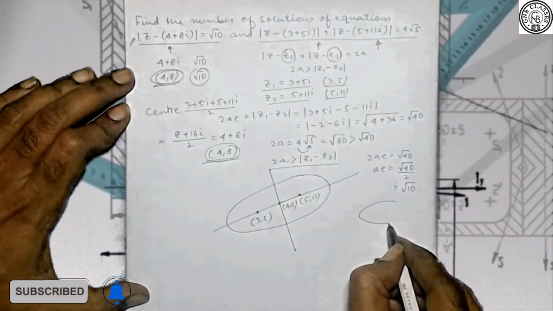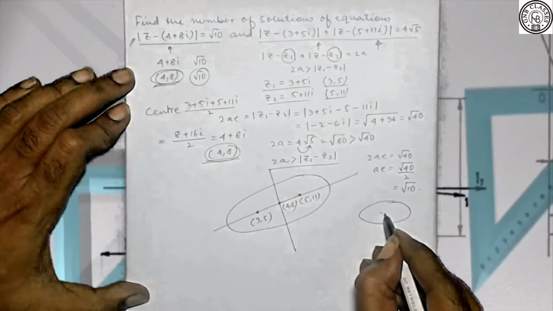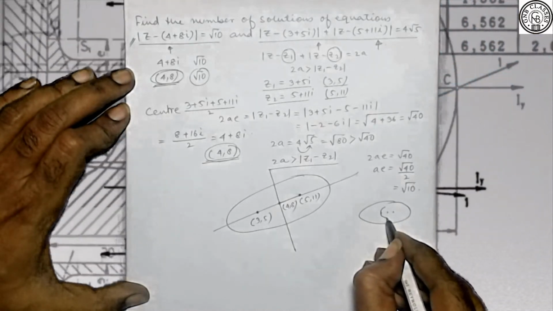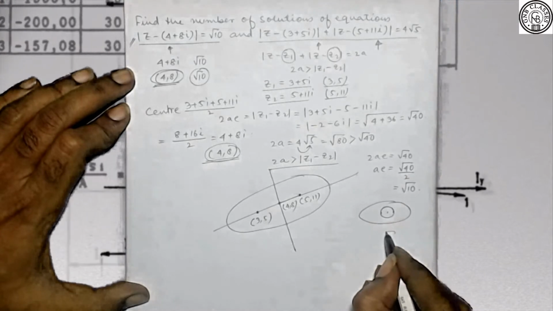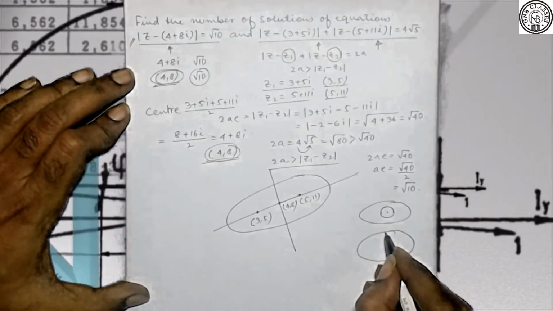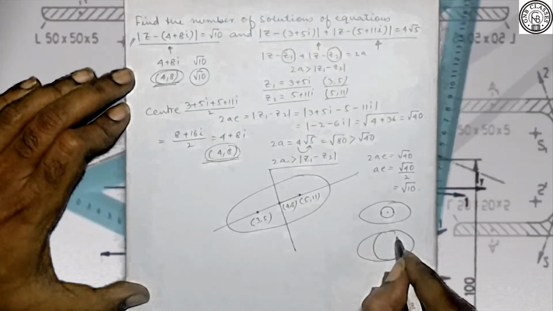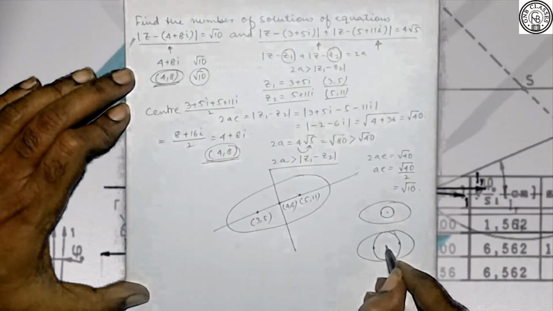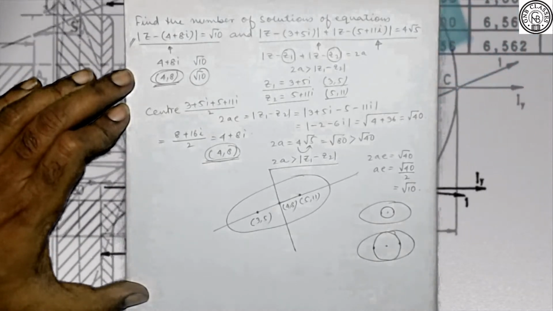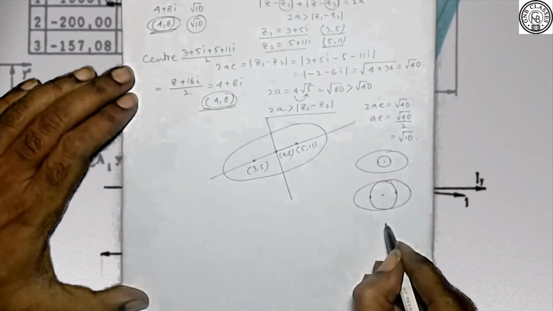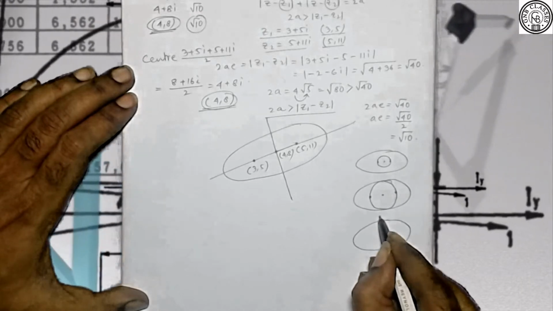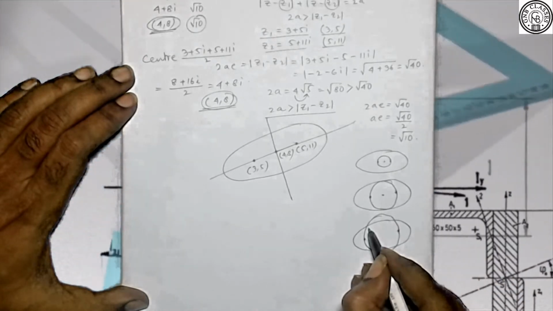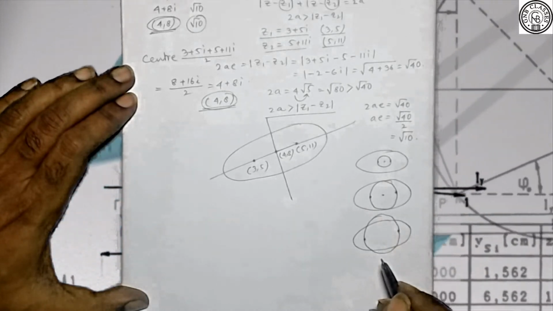For this ellipse, if these are the 2 foci and the center is here, the circle can be like this, or like this, or like this also, passing through the 2 foci but intersecting the ellipse.